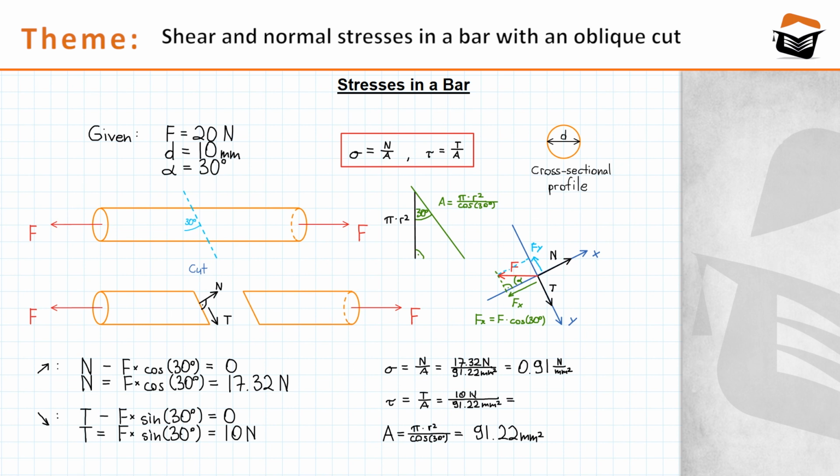And that gives us 0.11 Newton per square millimeter. Okay, so that's the way to calculate the normal stress and the shear stress in the bar that has been cut at an angle of not zero, or at a non-zero angle to the vertical.